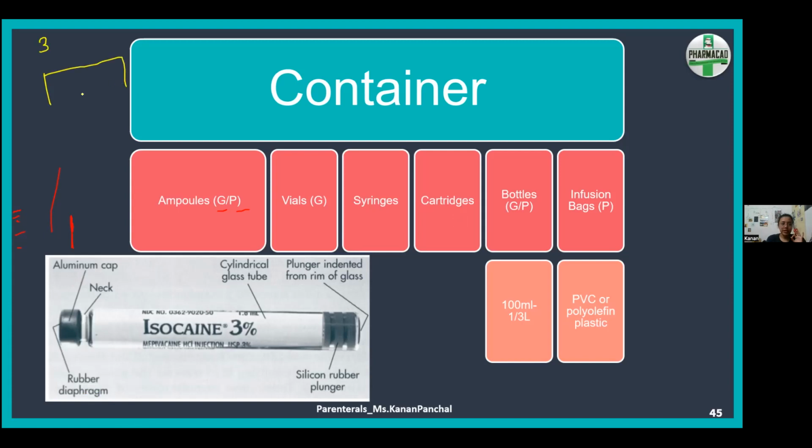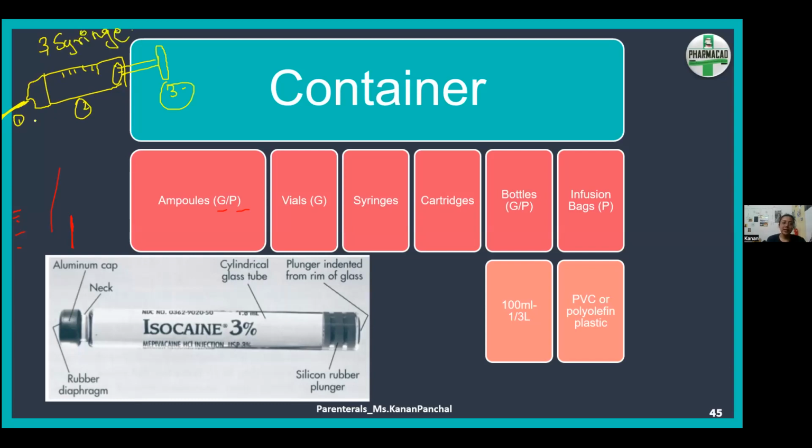First, you have your main syringe body. Then you have a plunger. This is the syringe. And then you have a needle. So there are 3 components to your syringe.